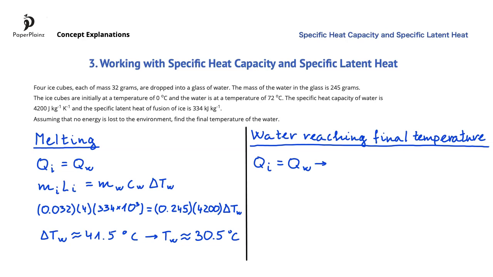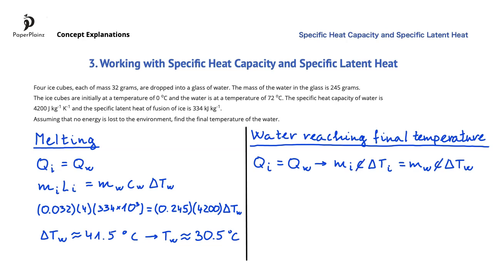On the left-hand side, this gives us the mass of the ice water, and since on both sides of the equation now we have water, the specific heat capacity will be the same. This is the specific heat capacity of water, and I will simply name it C. This is multiplied by the change in temperature of the ice water. This is equal to the mass of the water originally in the glass, so Mw, times the specific heat capacity, multiplied by the change in the temperature of the water. To make things simpler, I will cancel C from both sides.